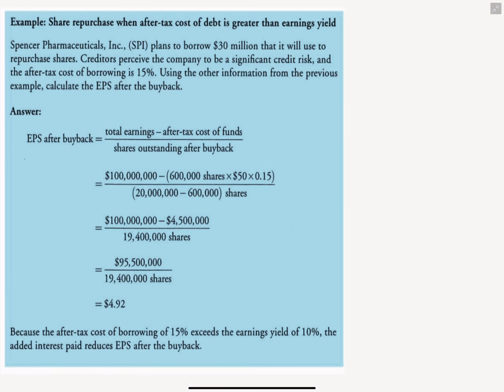The same situation, the same 30 million, but the after-tax cost of borrowing, before it was 8%, let's change to 15%. Like 100 million, 600,000 shares, price $50, but to finance that 30 million, the company gets debt at an after-tax cost of debt.